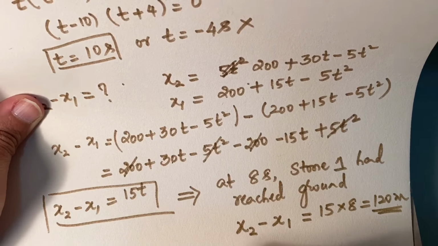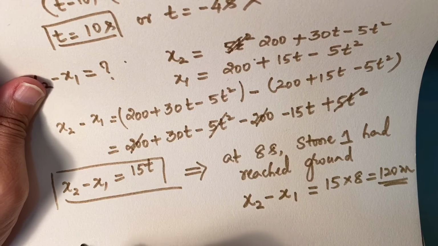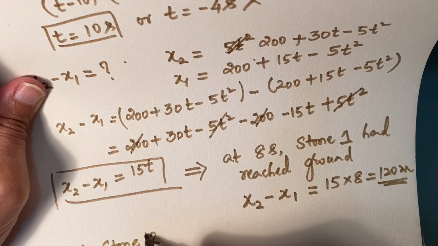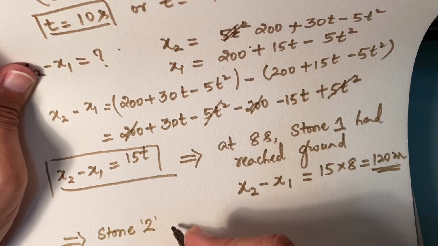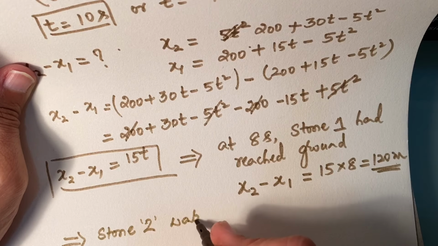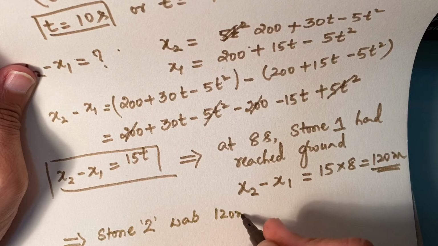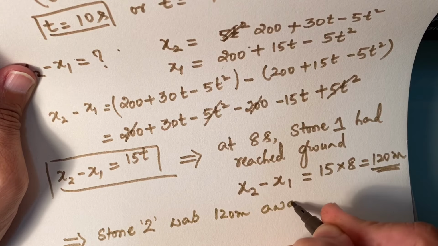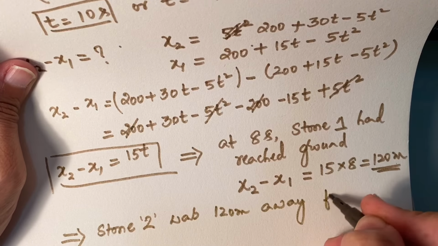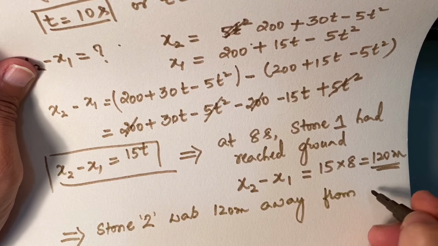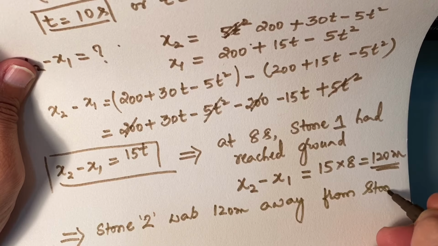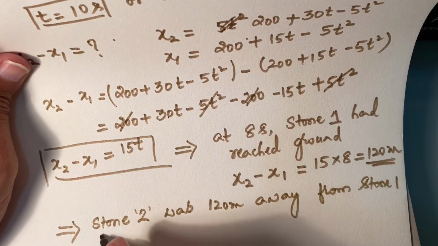So this implies stone 2 was 120 meters away from stone 1, which was on the ground, right?